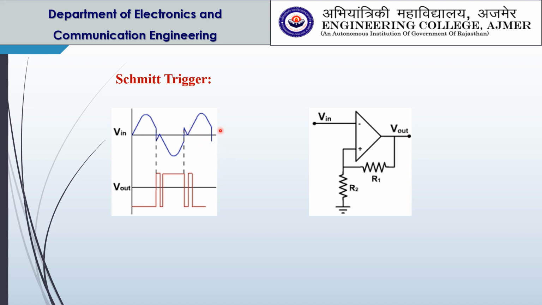For instance, with a zero crossing, the output is low when Vin is positive and high when Vin is negative. If the input contains a noise voltage with a peak of 1 millivolt or more, then the comparator will detect the zero crossing produced by this noise.